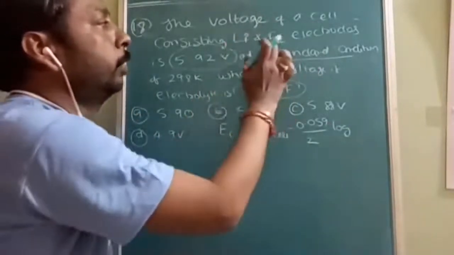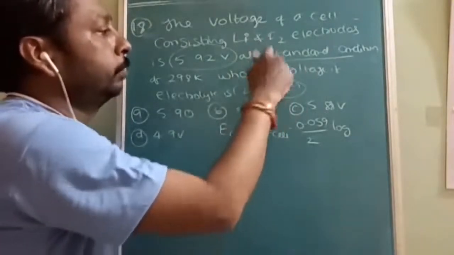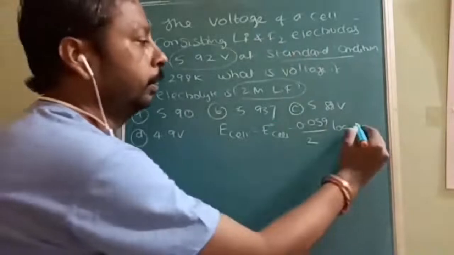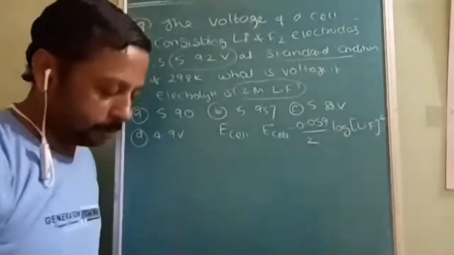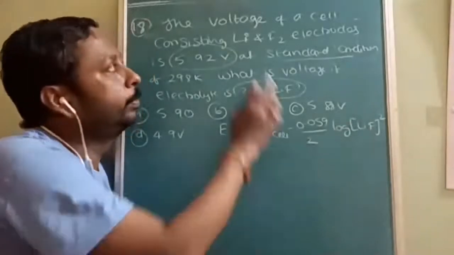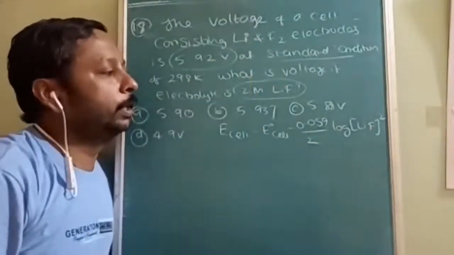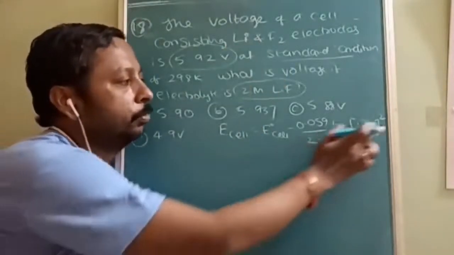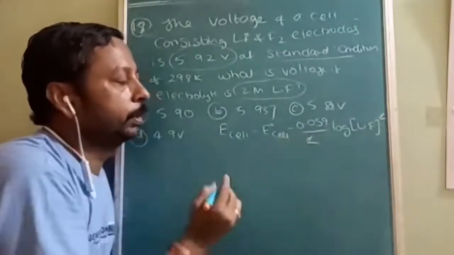Li will undergo oxidation, fluorine will undergo reduction. For balancing F2, this has to be squared. So log of the concentration of LiF whole squared. Why this 2? Because lithium will lose 2 electrons and fluorine will gain 2 electrons. This 2 and this 2 will get cancelled.